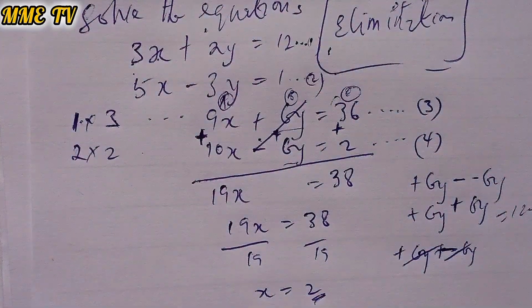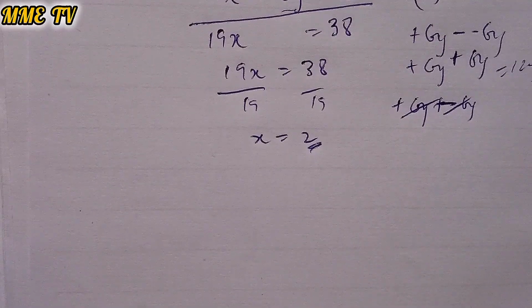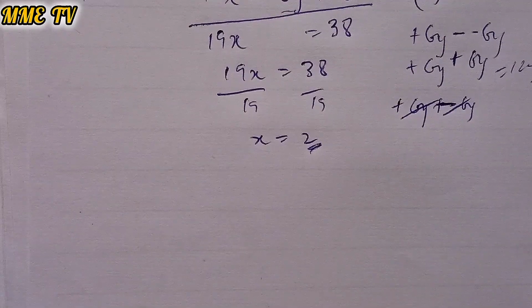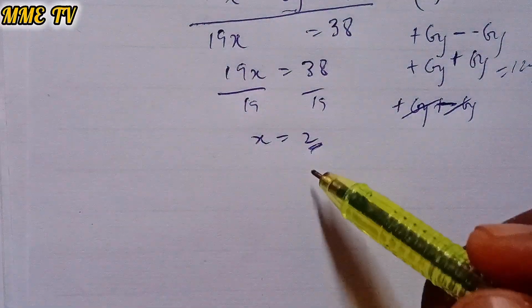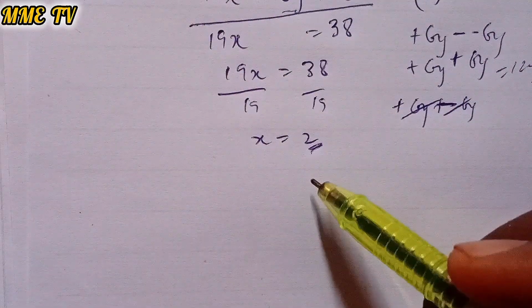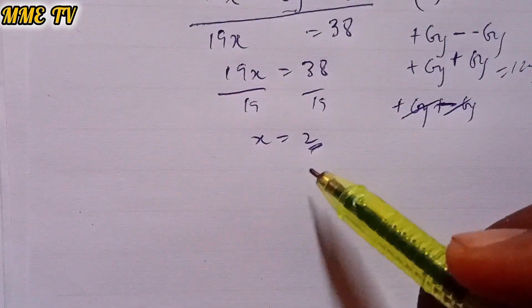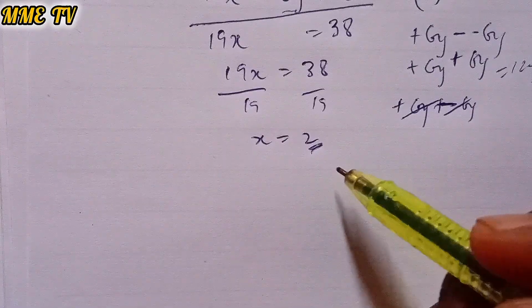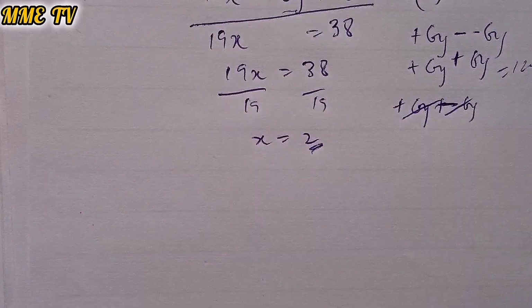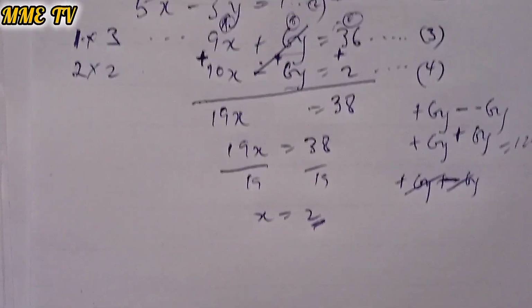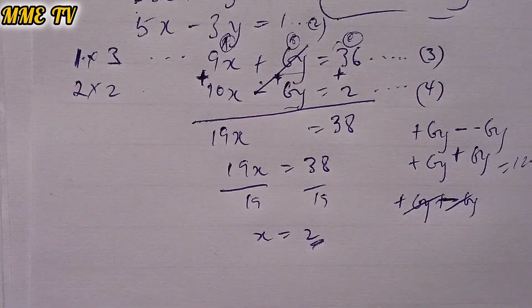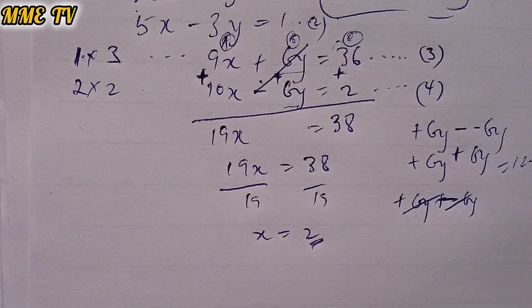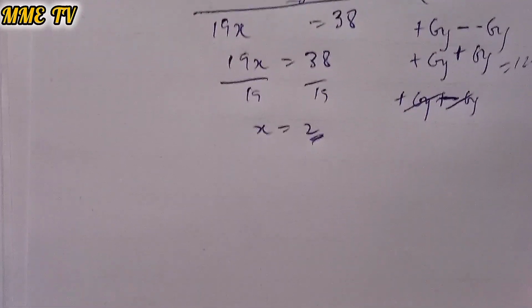Now that I've gotten 2, it doesn't end here yet. So what do I proceed with? I will now say that because my x is equal to 2, then I can choose. You remember our equation 1 is 3x plus 2y equal to 12, and our equation 2 is 5x minus 3y equal to 1, right?